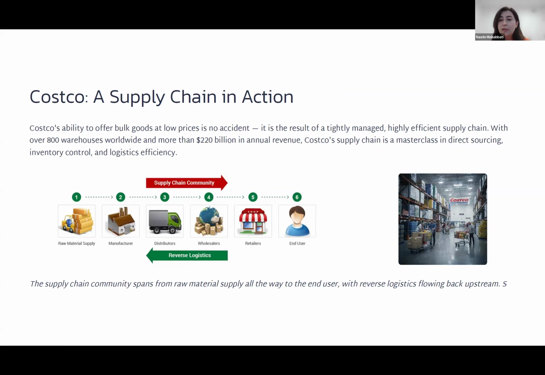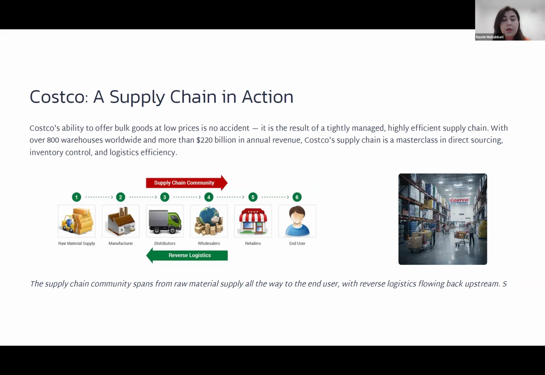It is their strategy to offer low prices, but customers purchase in bulk, large amounts, and they set their supply chain strategy around it. So they are able to reduce the cost of their supply chain by offering bulk and therefore attract customers.